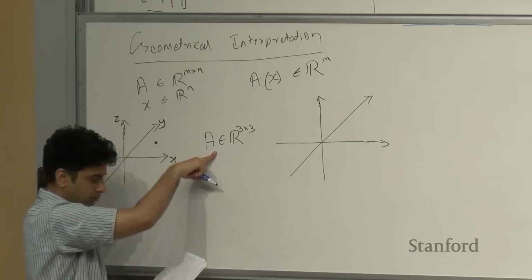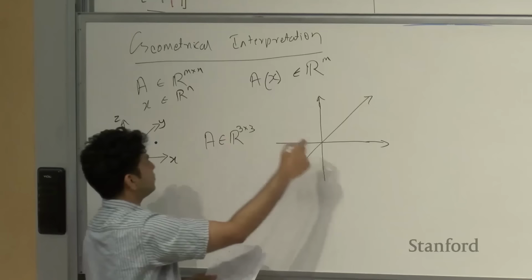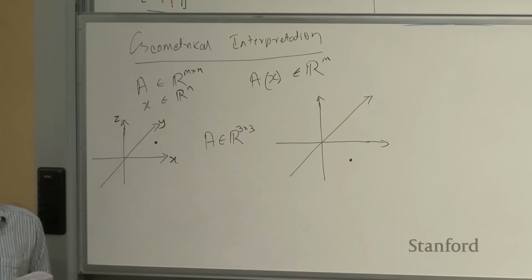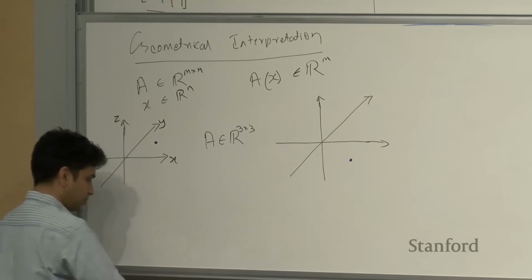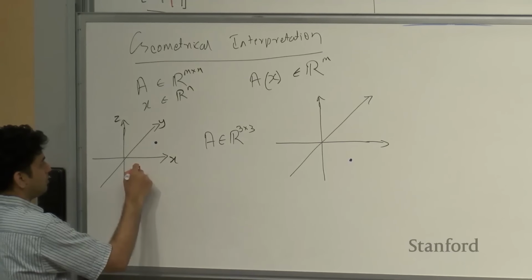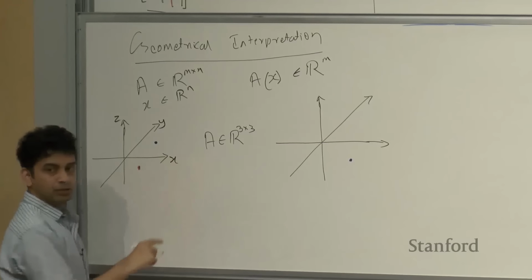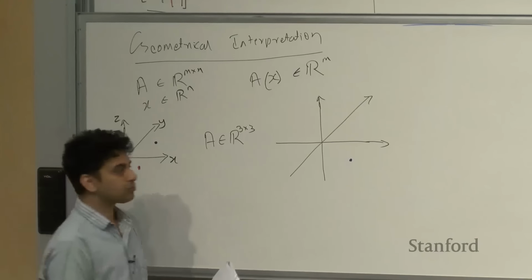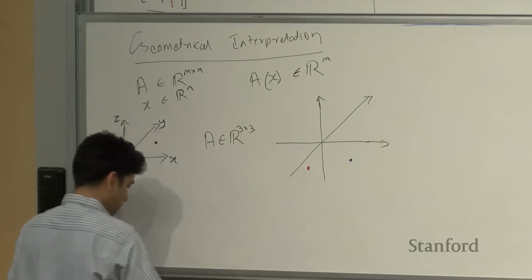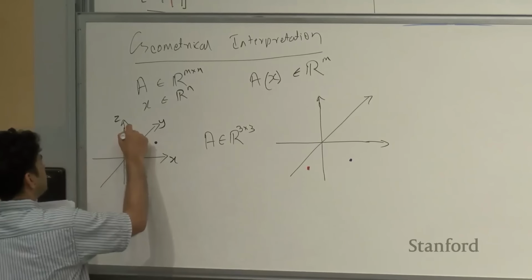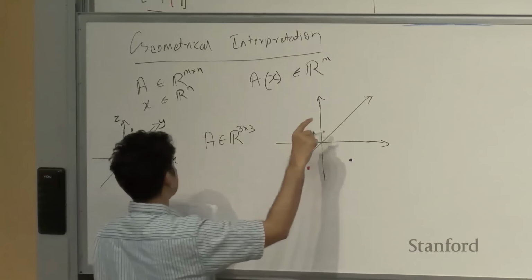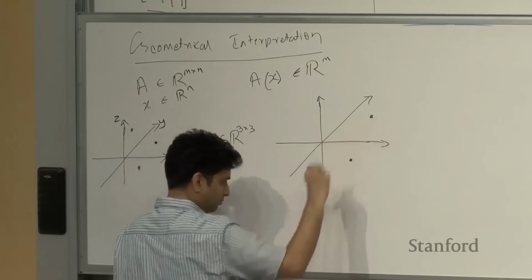Multiplied by A, and let's say it maps it here in the output space. Now let's take another vector, run it through A, it's going to give you a different output, right? So perhaps it comes here. And similarly, we take a third vector, run it through A, it's probably going to come here, right?